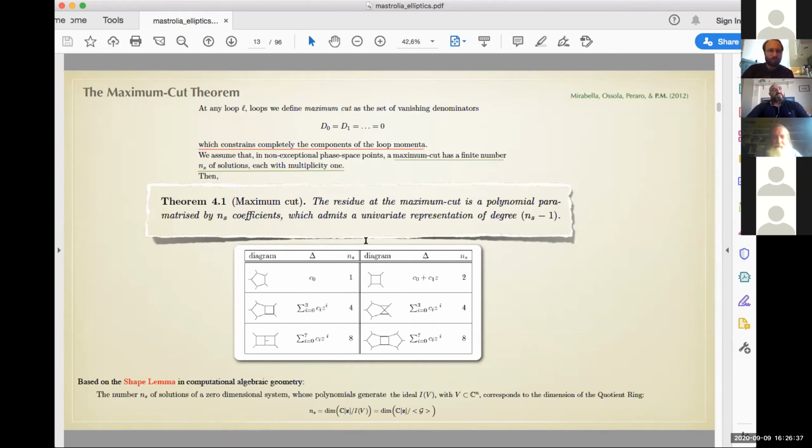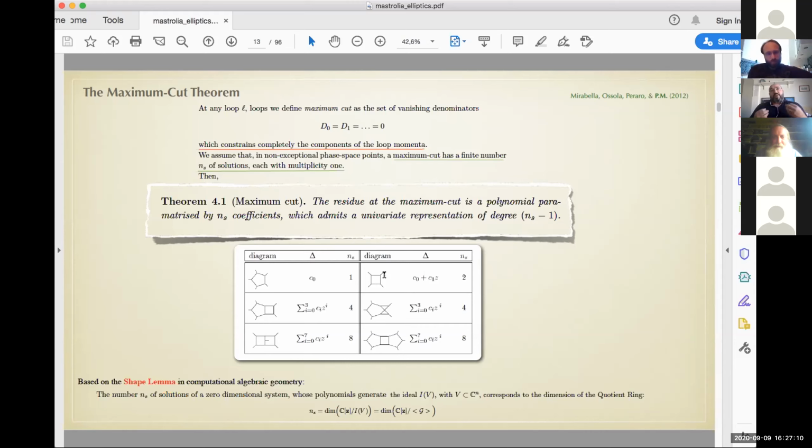But in the same spirit as unitarity cut, we proposed the maximum cut theorem, or the generalized cut for box function. We proposed the maximum cut theorem, which is the classification or the determination of the residues for those diagrams for which, when cutting all denominators on the maximal cut, actually the maximal cut would correspond to the freezing of the integral. Okay, exactly like for the quadruple cut.